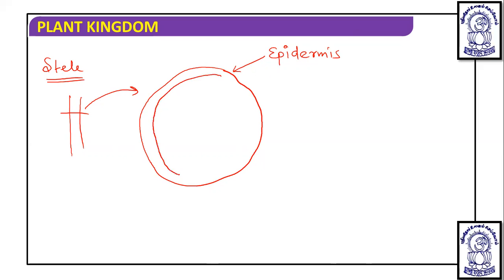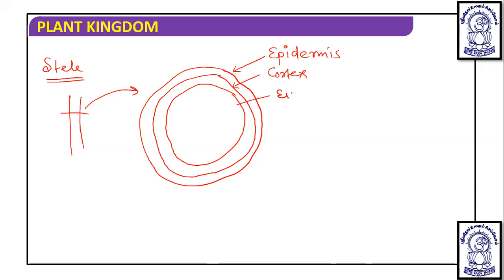and inner to the epidermis you will find the presence of the cortex. Inner to the cortex, you will find the endodermis. Inner to the endodermis, you will find the pericycle.